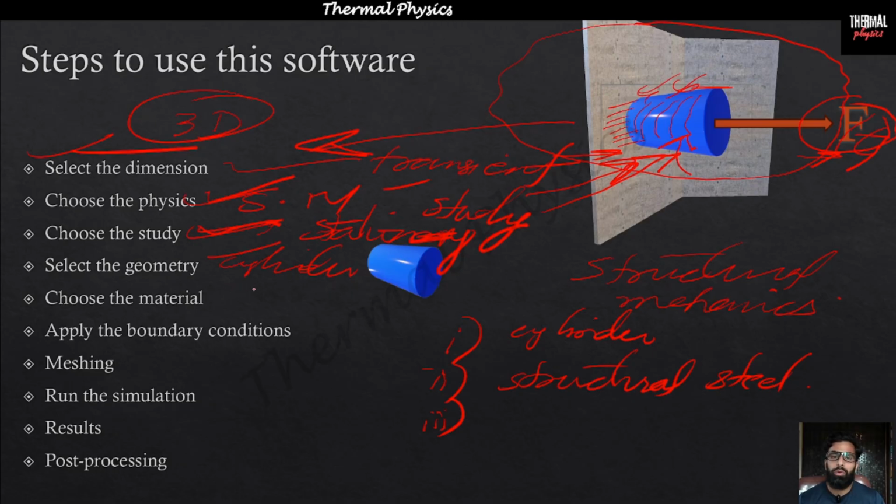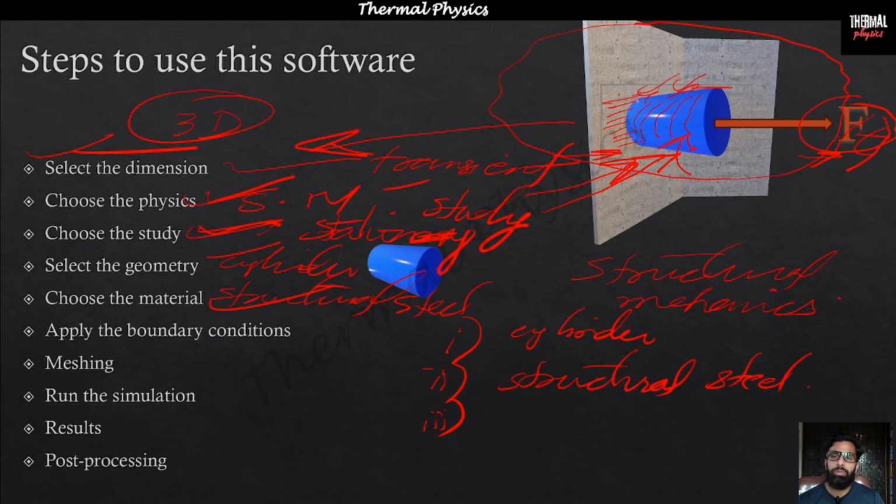Now choose the material. We have to tell the computer that it is made up of structural steel, or whatever the material is. These are various steps, so this step is done. Then we have to tell the computer what kind of boundary conditions are there, meaning what kind of forces we are applying, based on which we are calculating the stresses developed.